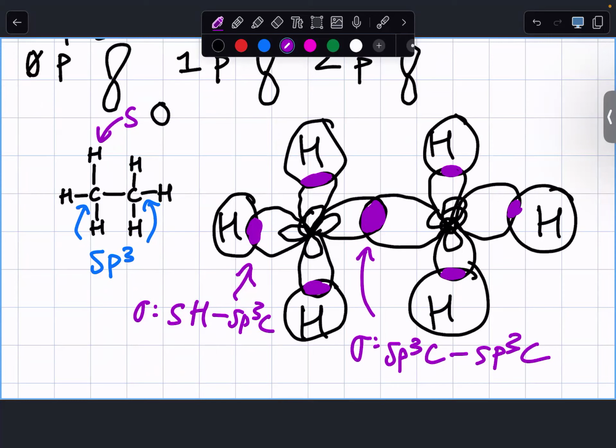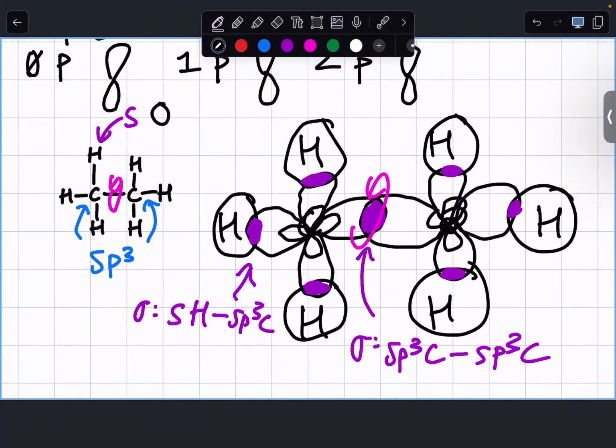But this overlap here is between an sp3 orbital and an s orbital. So not all of these sigma bonds are the same, but they are all sigma bonds. And we see that this sigma bond can do free rotation because we are able to rotate these bonds because they will still overlap with each other. Nothing's going to break that bond if we rotate it.